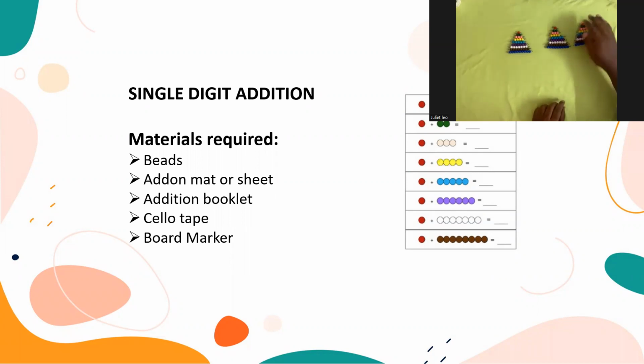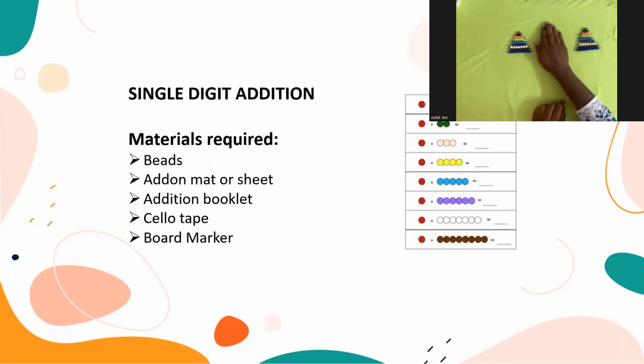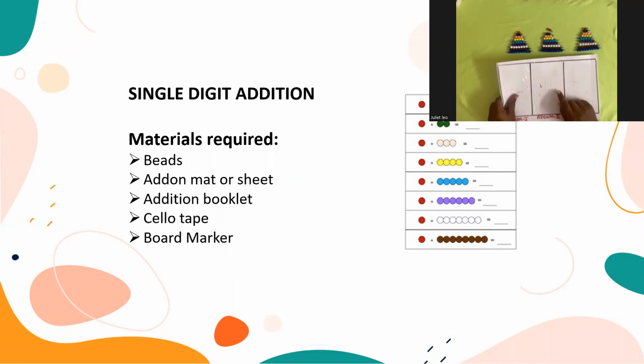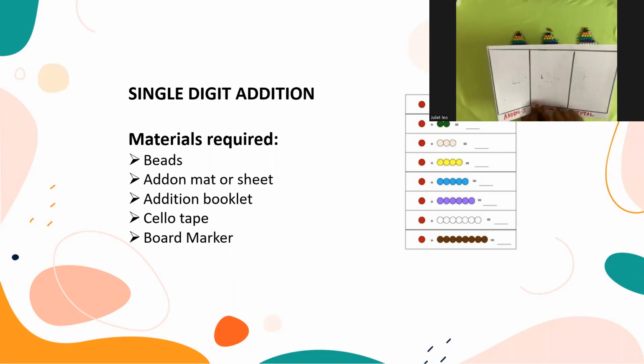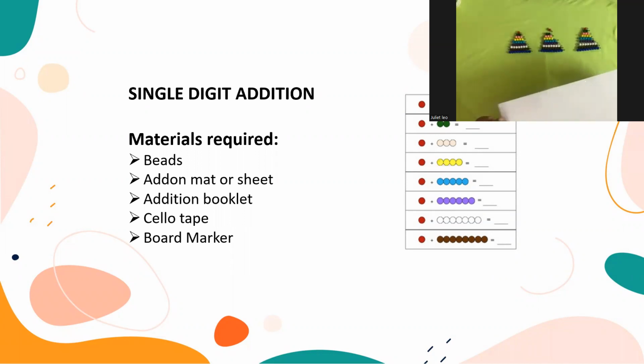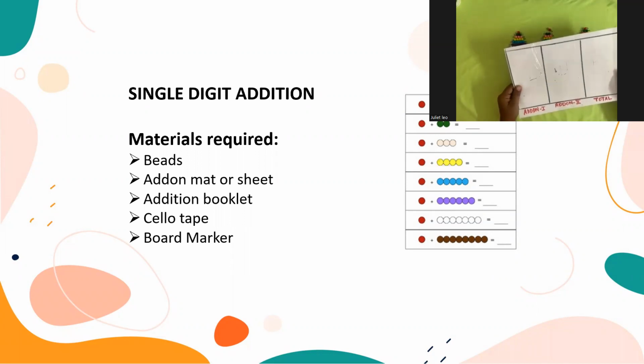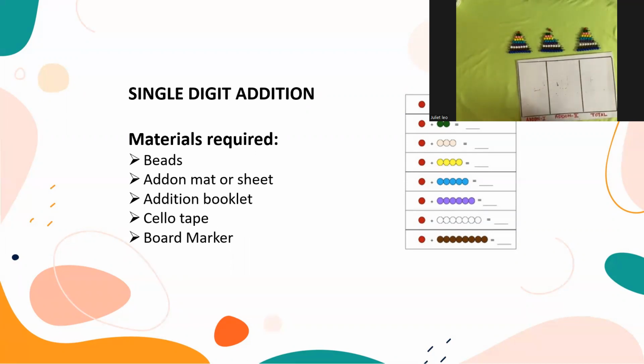This is fun. I have placed cello tape on my foam board, so sorry, a normal sheet, so that I can write any number of times. First, we need to write number 3 here and number 4 here.